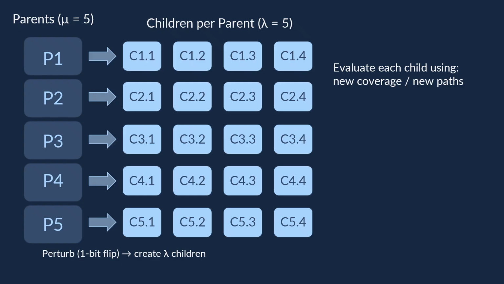So we talked about the whole parent to child distribution loop. But Darwin doesn't just keep one parent distribution cycle. It actually keeps multiple parents and multiple sets of children, as you can see here on the screen. Here's an example where we have 5 parents on the left side of the screen, each one producing 4 children.